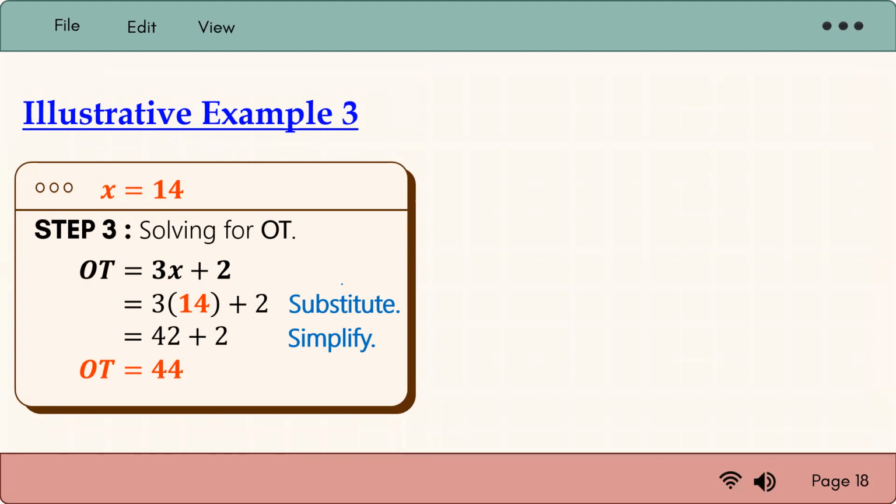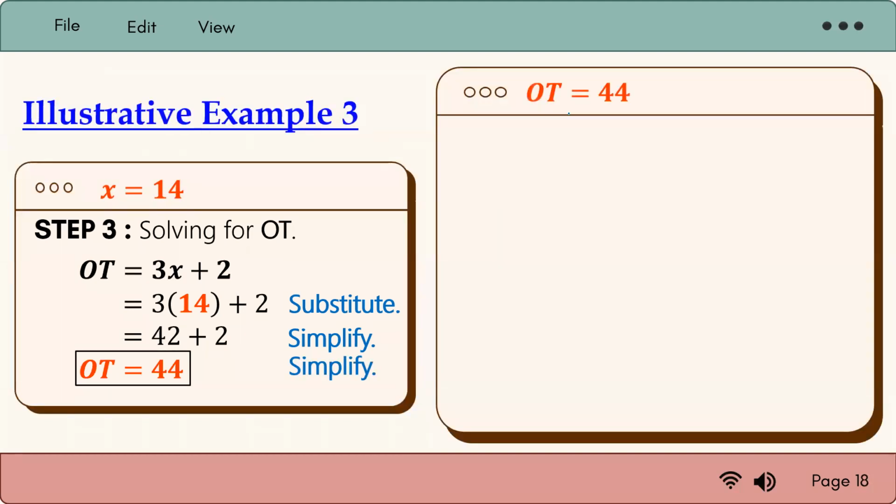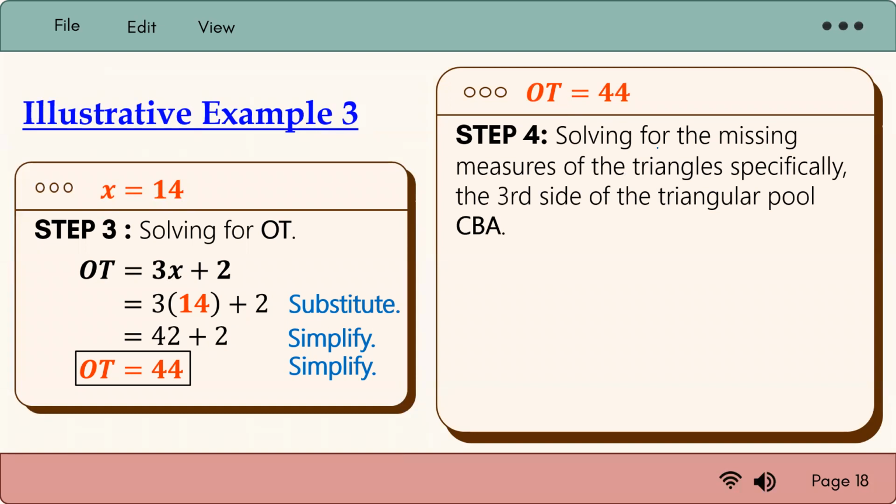Let's revisit the corresponding parts. So OT is 44. Solving for the missing measure of the triangle, specifically the third side of triangle CBA. BC is equal to OD. Take note that BC is 56, so OD is also 56 feet.